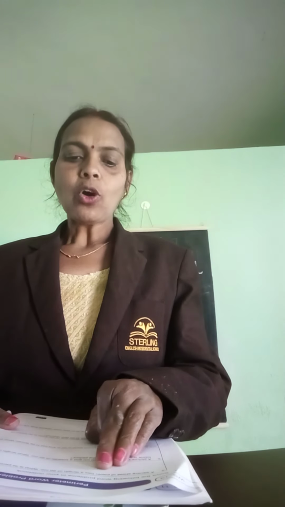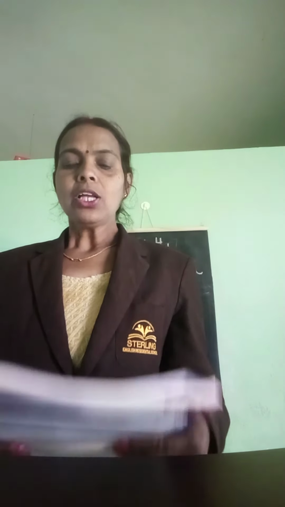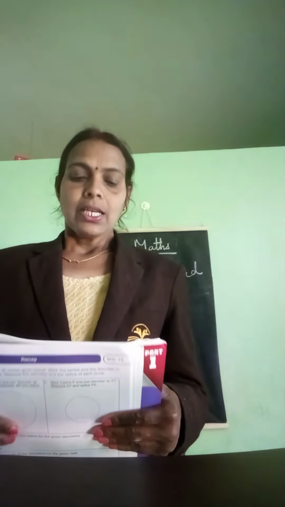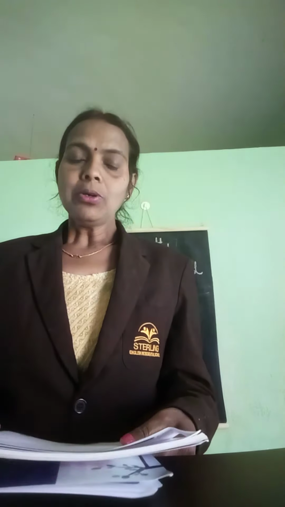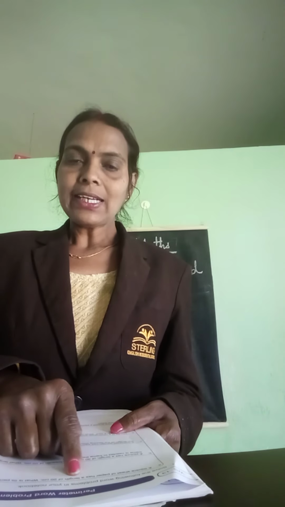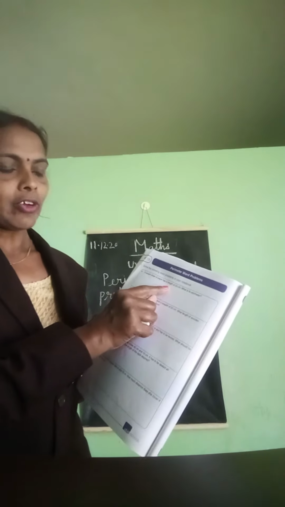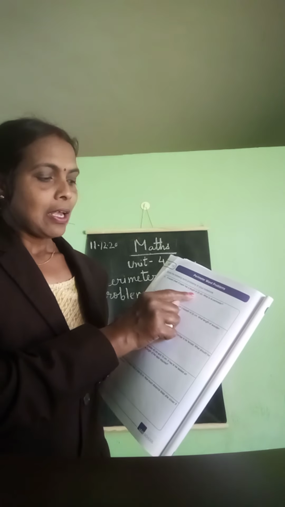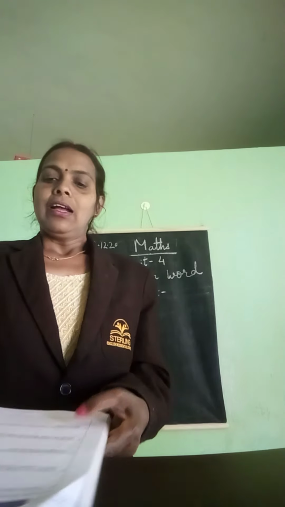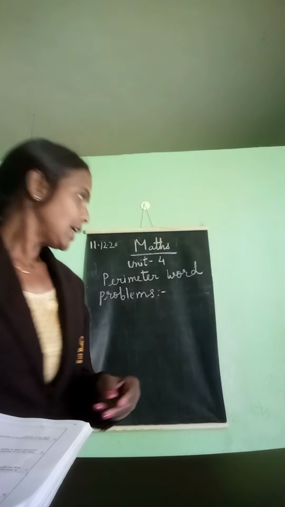A square sheet of paper has length of 20 centimeter. What is its perimeter? So there is a square sheet of paper, and you have to find the perimeter. Now here you have to underline keywords and numbers. The keyword is length, so underline length. The number is 20. Here it is a square, and you draw first to understand.